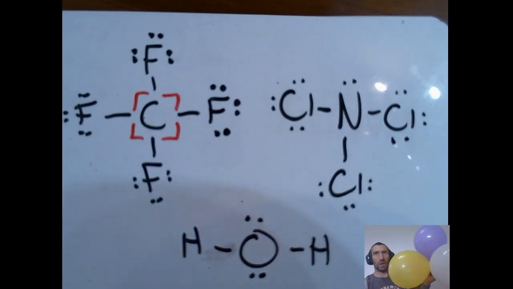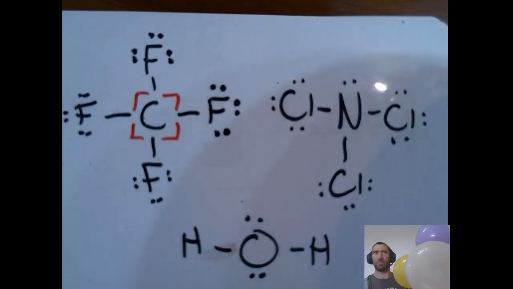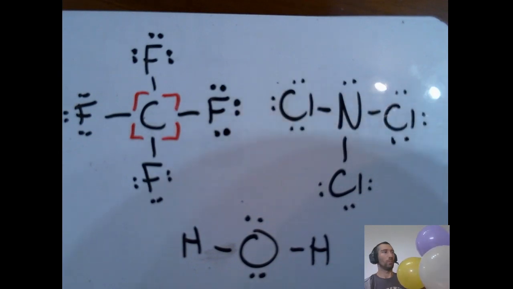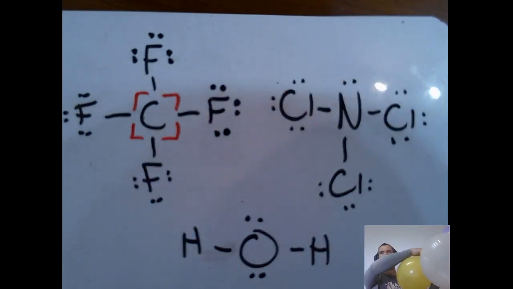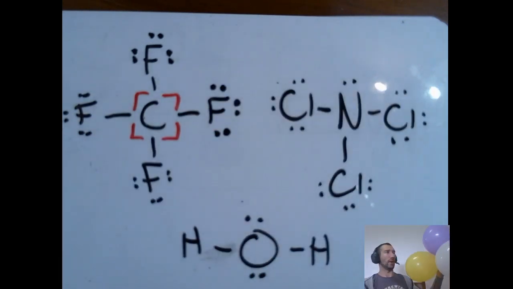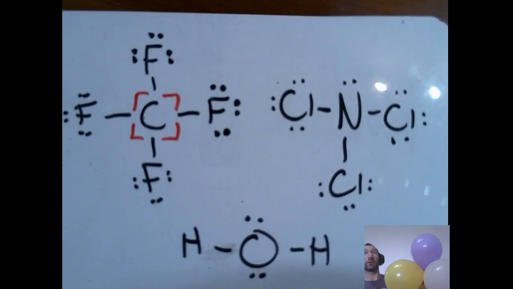Okay, I've got the 3 balloons down the bottom, kind of like tripod legs, and then one of them is actually pointing straight up into the sky. They don't really want to stay completely flat. If I just let go, they bounce back to how they were before. Okay, so the balloons are pushing away as far as possible. Those 4 electron clouds are going to sit exactly like this.